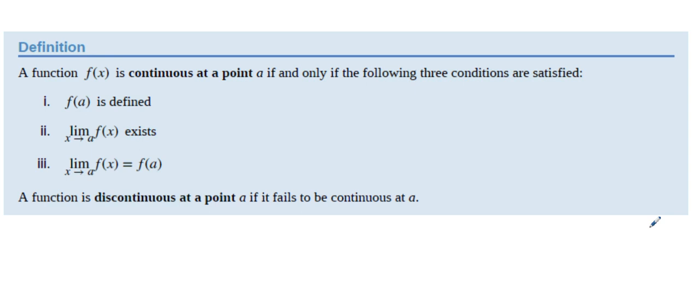First, the function has to be defined at A. There has to be a point whose x-coordinate is A. Then there has to be a limit as x approaches A from both directions. They have to match. And then the limit has to be the function value. If those 3 things all happen, then we have continuity. If a function fails to be continuous at A, we say that it is discontinuous at A.